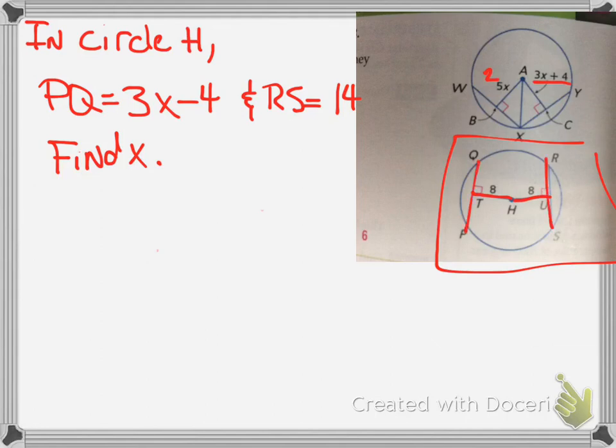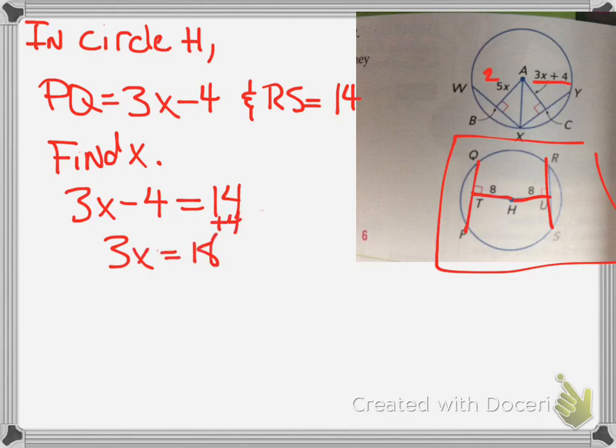So this and this are equal. So I can say 3x minus 4 equals 14. And I can solve and say 3x is equal to 18, add 4, divide by 3, and I get x is equal to 6. And that's all they asked me to find, what x is equal to. So this time I am done.